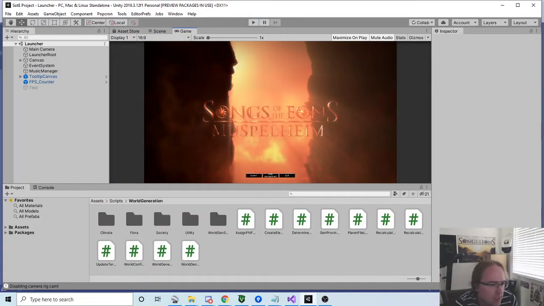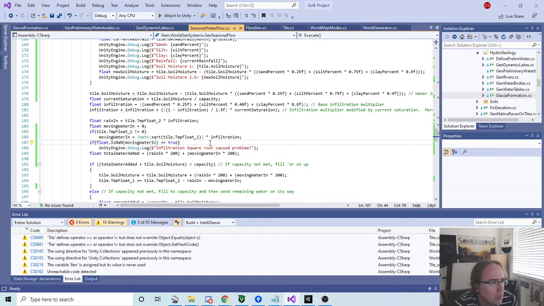Hey, Valacatsis. So, did I fail to properly update Unity with the new files? I don't know, because I don't see how we could possibly now be generating, if this float is not a real number.